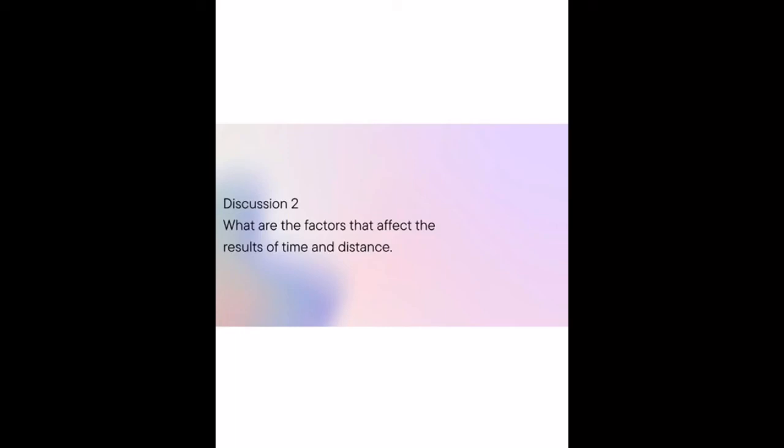Thus, the mass and size of the ball affect the distance traveled and the time taken for the balls to complete the experiment. Finally, we move to the third discussion of the lab report of topic 7, which is projectile. This is the question of discussion 3, and here are the answers. The results of the calculated values further prove the theory that the mass and the size of the object affect the total distance traveled and the time taken.